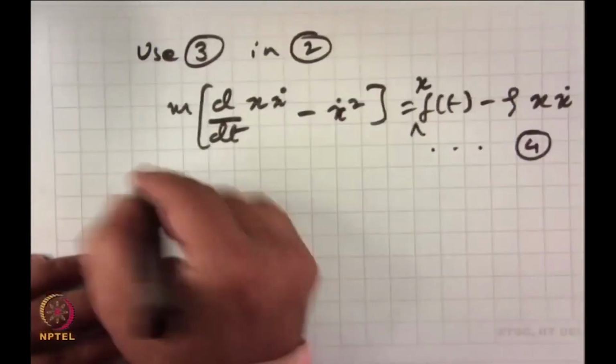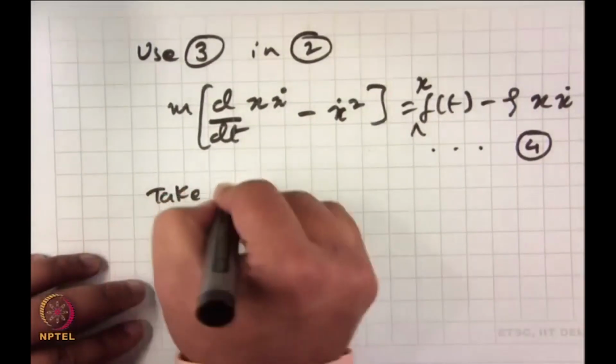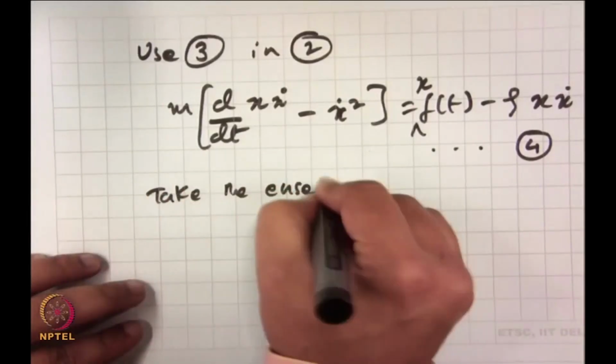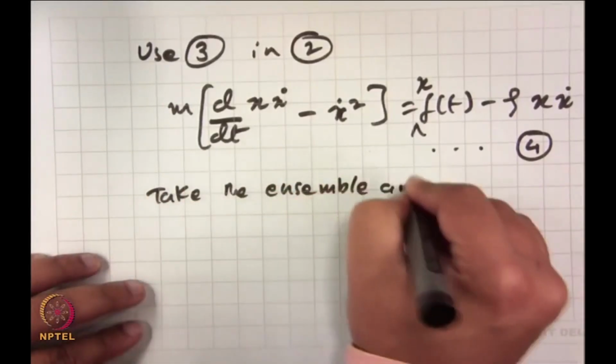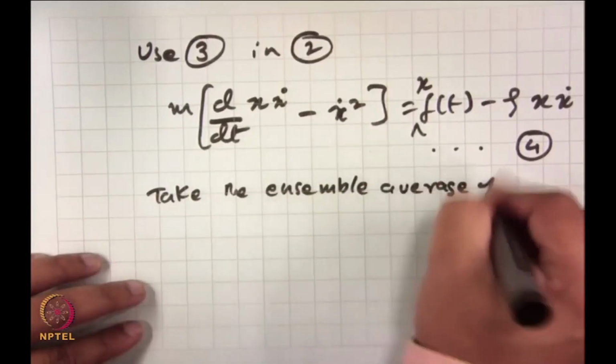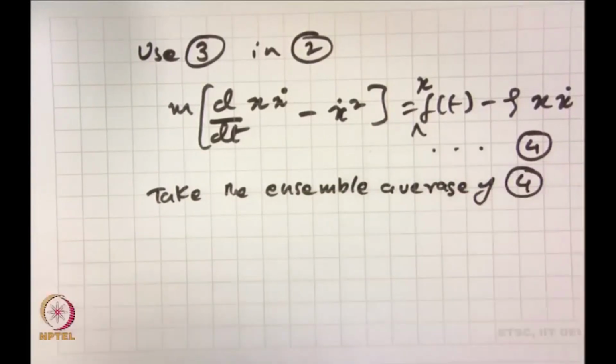Now, what I do is take the ensemble average of 4, that means all the terms in 4.